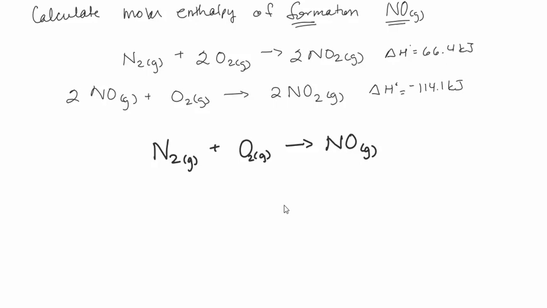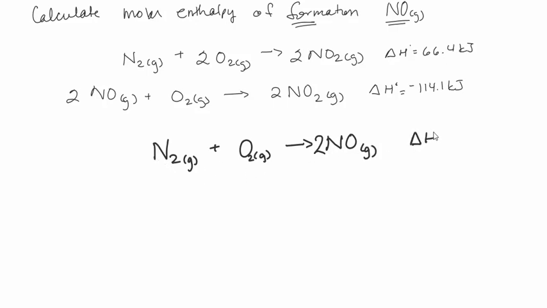Because we are working with an enthalpy of formation, and the definition of enthalpy of formation was the combination of atoms in their most stable or their elemental state in order to form the compound. Now we do need to balance this, and now it's balanced.